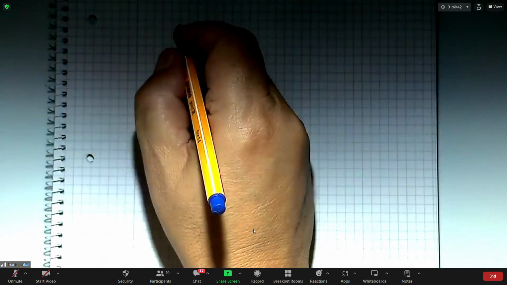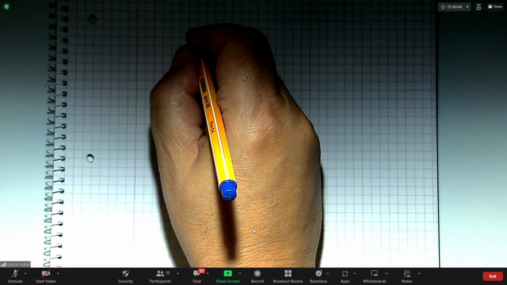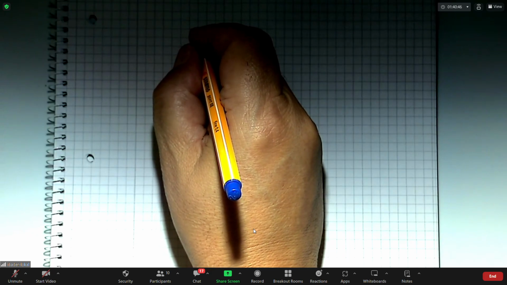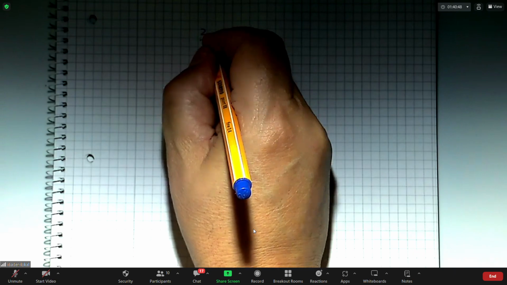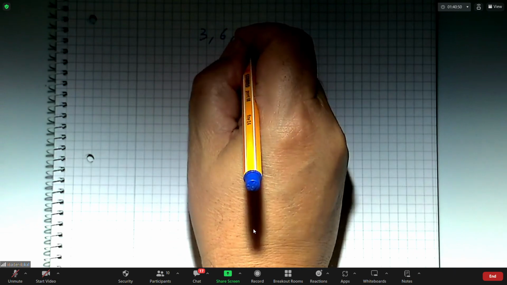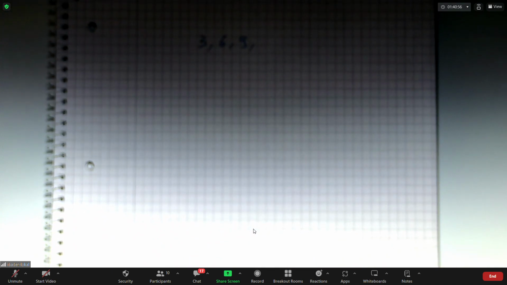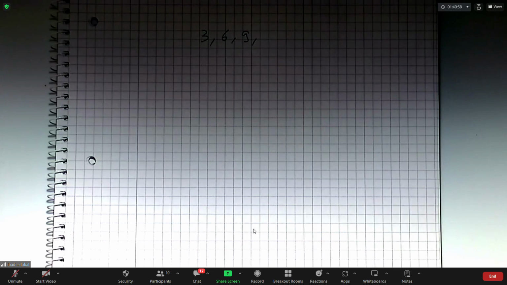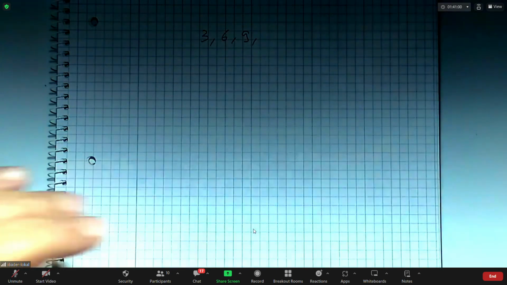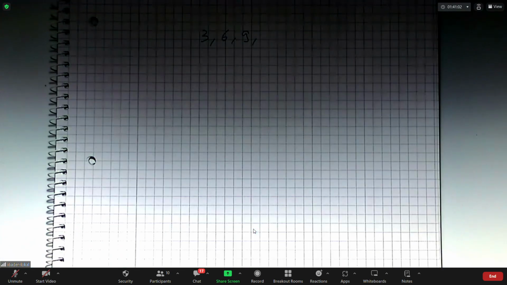Okay, so if I give you the sequence, let's say 3, 6, 9. I hope you can see it. What would you predict the next number will be? What would you expect next?